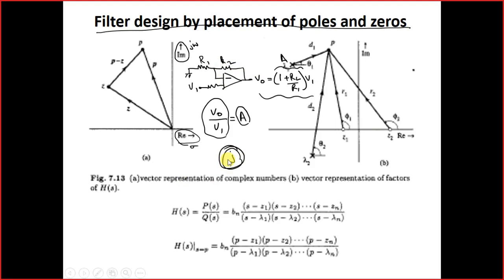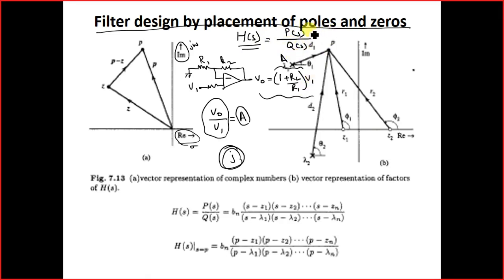So we are going into the complex domain. Now this transfer function in the Laplace domain is represented with H of s. Okay. Now this H of s is given by P of s divided by Q of s.